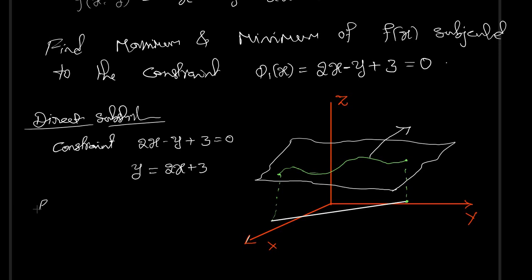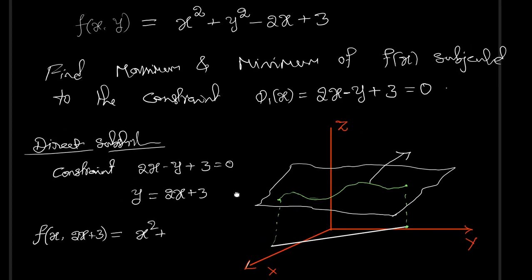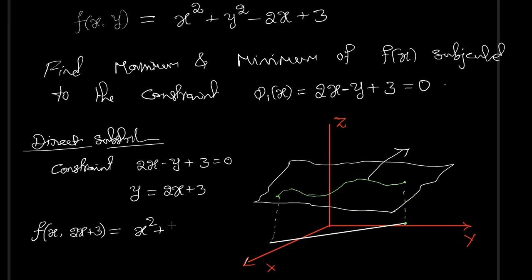Now let me see what the function is if I restrict the domain to y equal to 2x plus 3. That is f of x comma, now in place of y, I'm going to substitute this 2x plus 3. So in that case our function is x square plus y square, and y square is nothing but (2x plus 3) whole square, minus 2x plus 3.